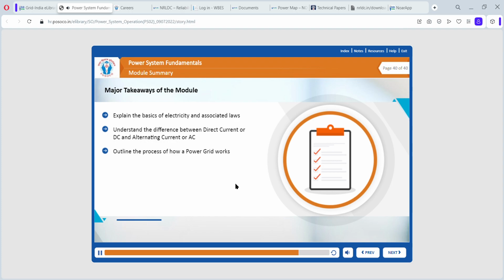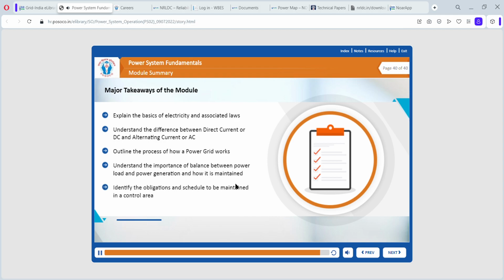Compared transmission lines like HVDC and HVAC transmission. Understood the importance of balance between power load and power generation and how it is maintained. Learned about control area and how frequency management is necessary to maintain equilibrium.